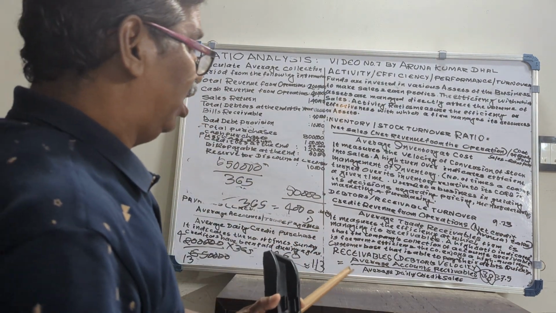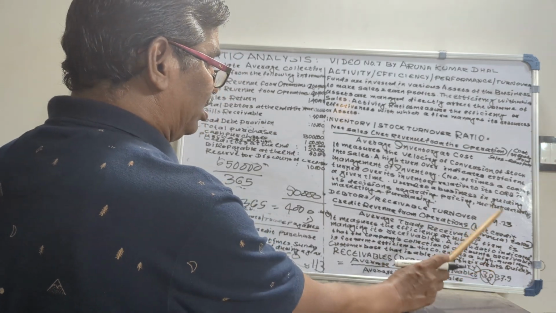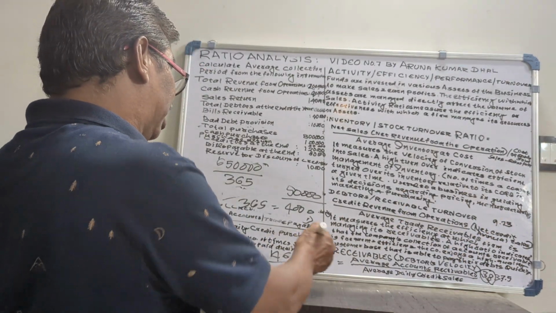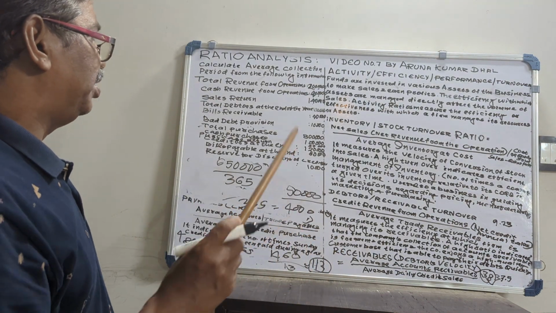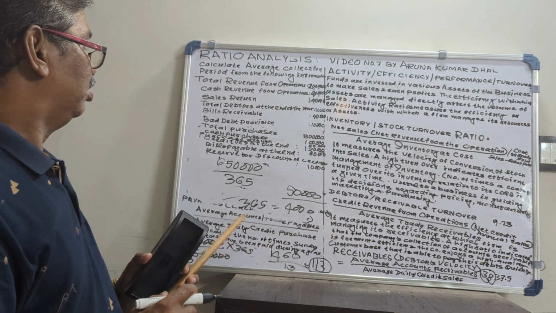So here we are allowing our debtors only 38 days, but we are getting credit from our suppliers for 113 days. So the firm is in a sound position.